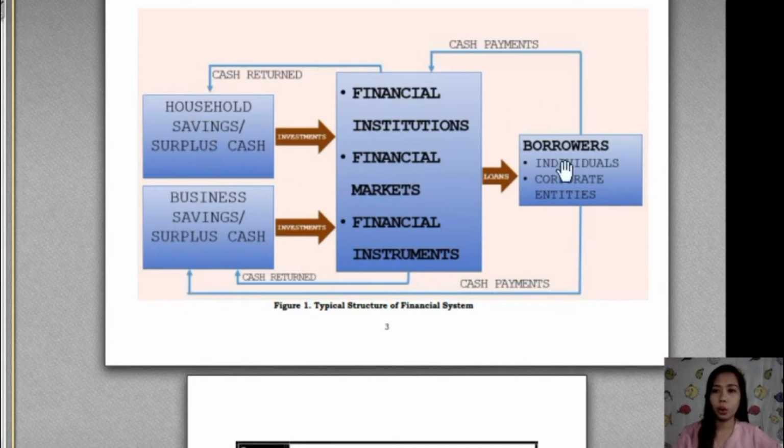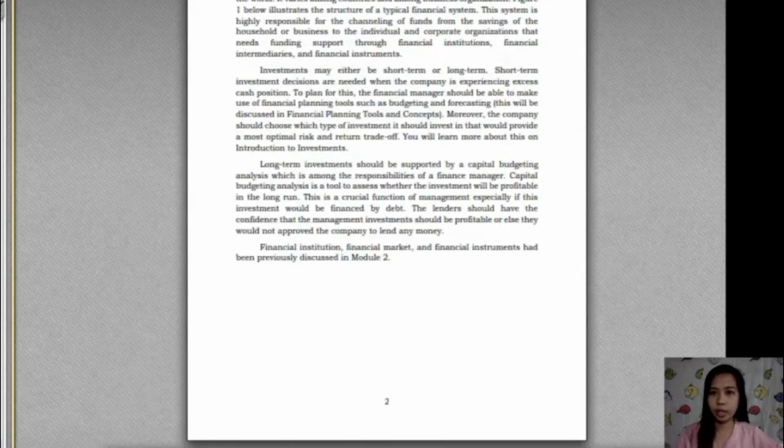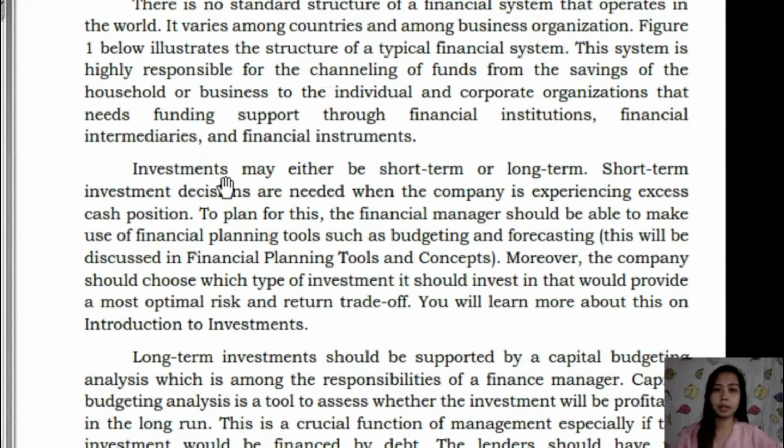So, pwedeng idadaan dito, may cash payment ka dyan, pero meron ka rin cash payment na ibabalik direct doon sa mga nagpautang. Cash return pa rin, papunta pa rin sa kanila. So, just to clarify lang yun. Pwedeng hindi dumaan doon or direct na ibigay ni borrower sa balik.